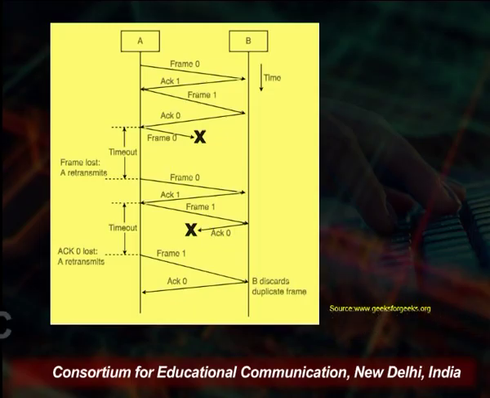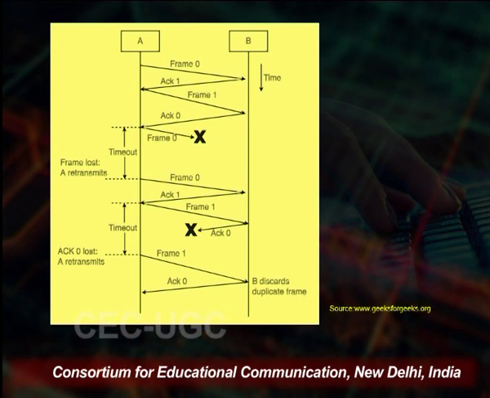Then there is another frame, and the cross here indicates that the frame is somehow corrupted or lost. It is not delivered at side B. On side A, the frame is lost within the channel.